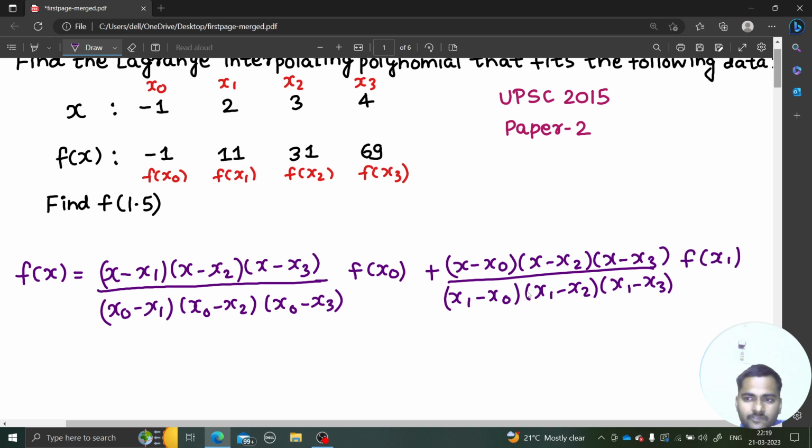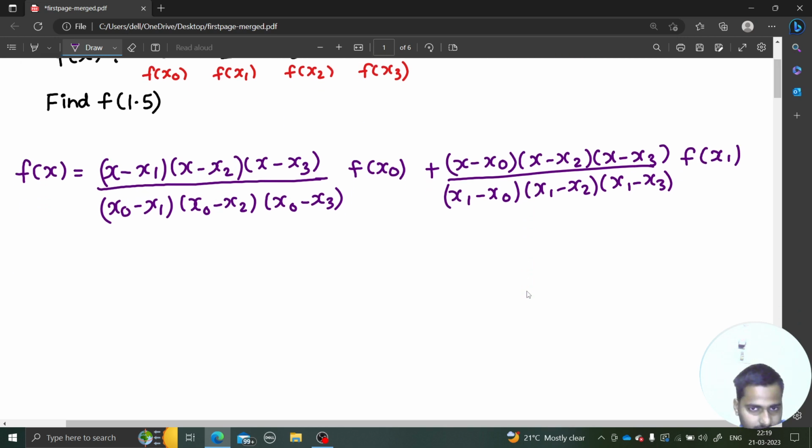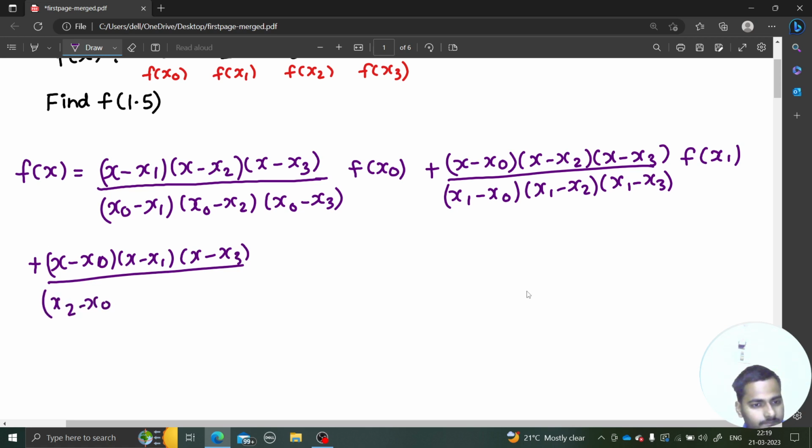What will be next? As you can predict now, for the third term, from x we subtract everything except x2. So x minus x0, x minus x1, x minus x3, divided by x2 minus x0, x2 minus x1. I am writing in general form. Now the next step will be to plug in the values.